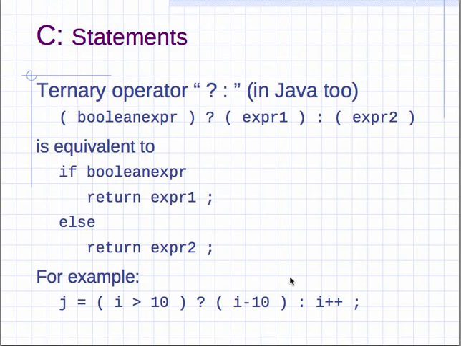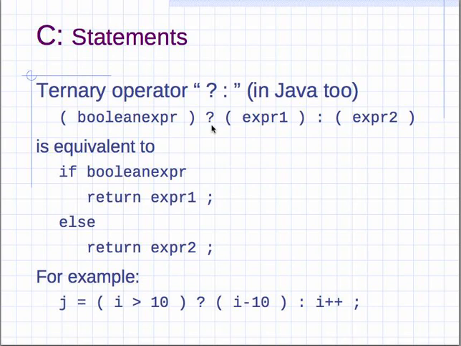Another thing that you can have is a ternary operator, which is in Java too. This is not something that I actually encourage, but it's available in Java, C, C++, C#, Objective-C, all of those languages have the ternary operator. The basic idea is you have a Boolean expression followed by a question mark.